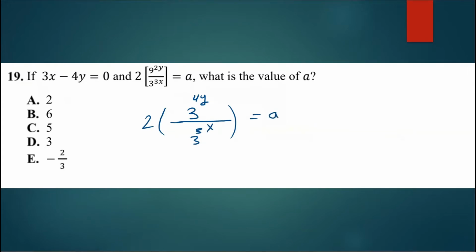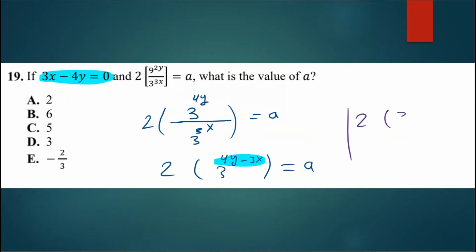But now, since I have the same base, you can subtract powers and write 4y minus 3x. You know something interesting about this quantity from the given: it's a 0, because if 3x minus 4y equals 0, then for sure 4y minus 3x will also be 0. So it will be 2 multiplied by 3 to the 0, which is 1. So that makes a equal only 2. Nice.